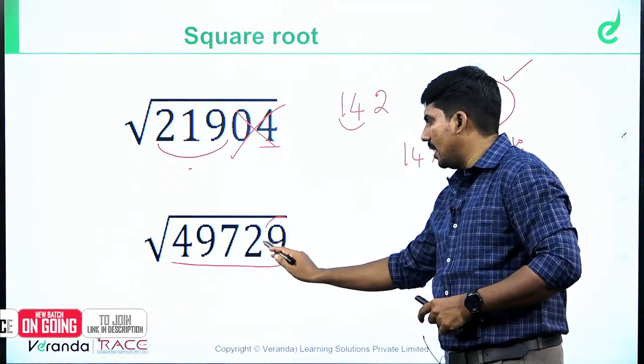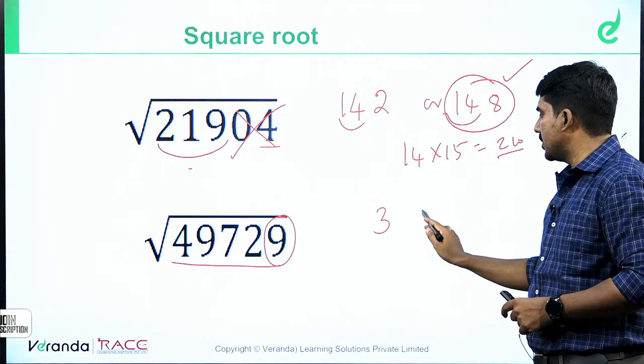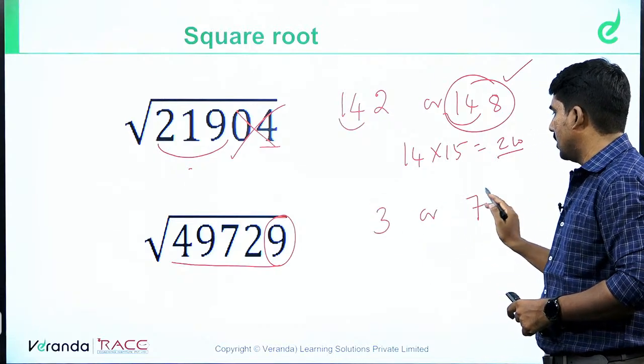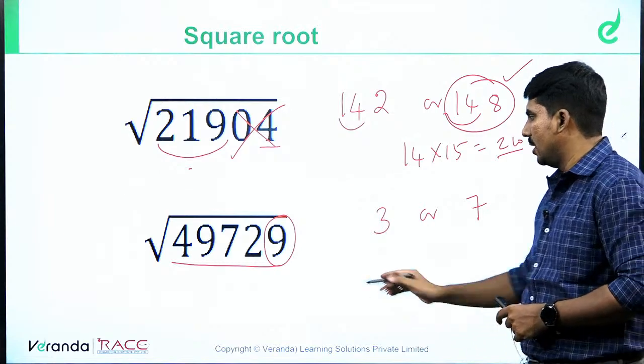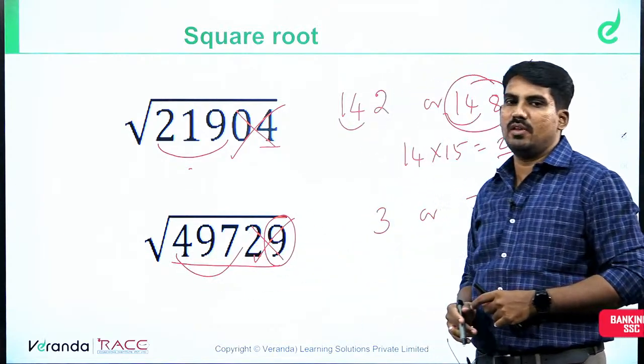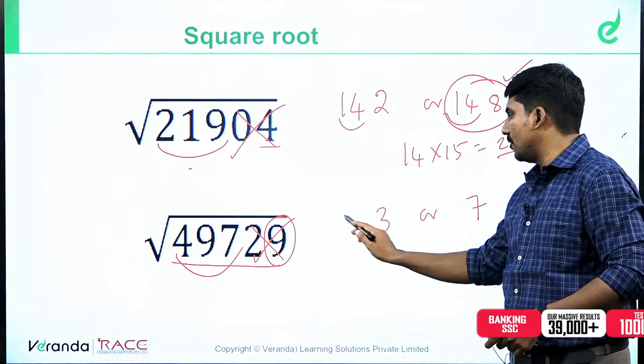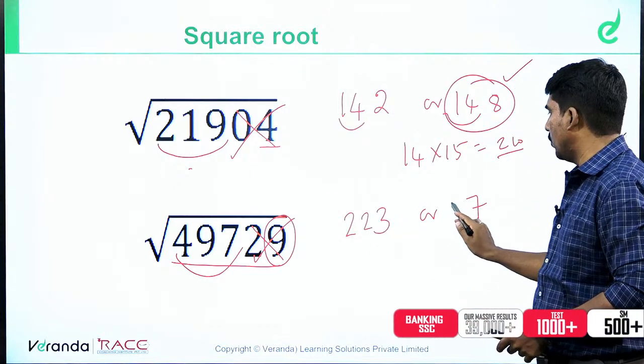Same thing we can do with this. Right? Last digit 9. Therefore, the number may end with 3 or it may end with 7. 3 square is 9, 7 square is 49. Now cancel the last two digits, 497. Which is the previous perfect square? 484. Therefore, 22 square is 484.